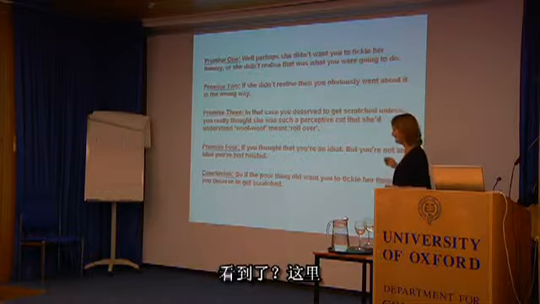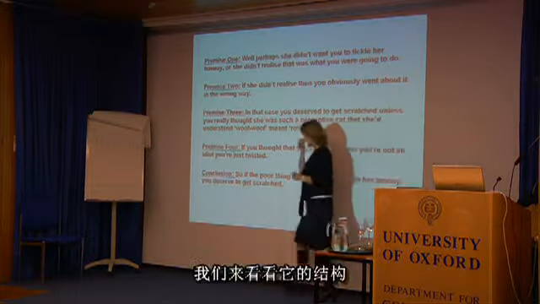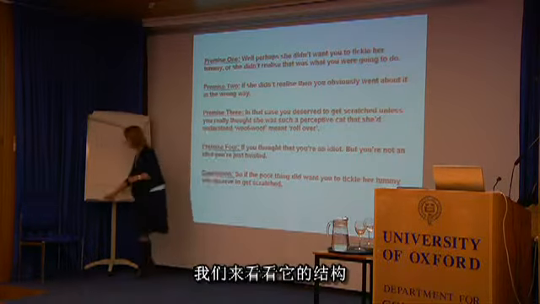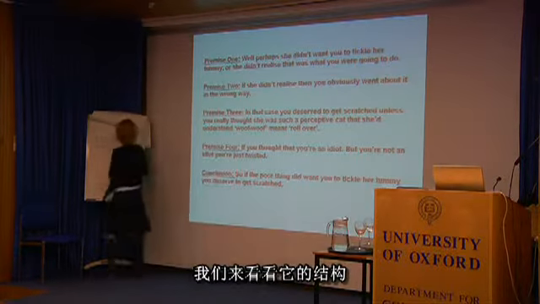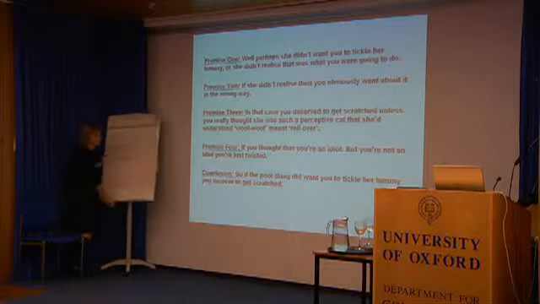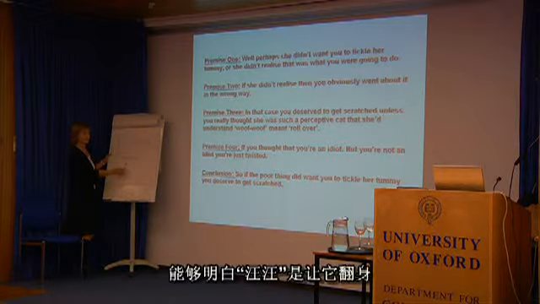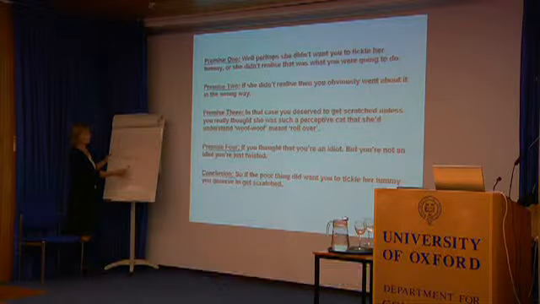You see? This actually cancels itself out from here, because you're saying, let's look at the structure of it. P, unless Q, okay, Q is, you really thought she was such a perceptive cat that she'd understand woof woof meant roll over.